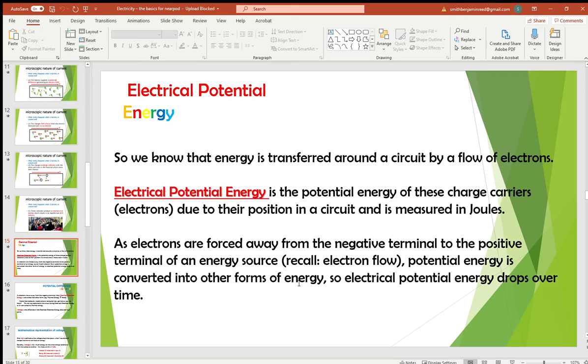Now we're going to talk about voltage, which can be synonymous with electrical potential energy. Now we talked about potential energy last semester when we talked about mechanical potential energy. The potential energy of something being high up, so that was gravitational potential energy.